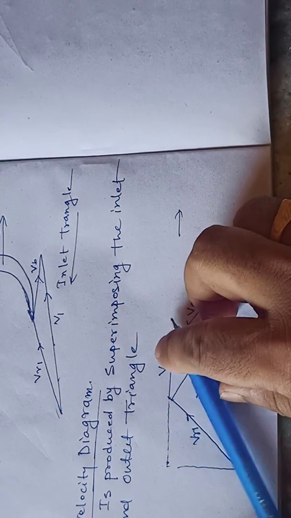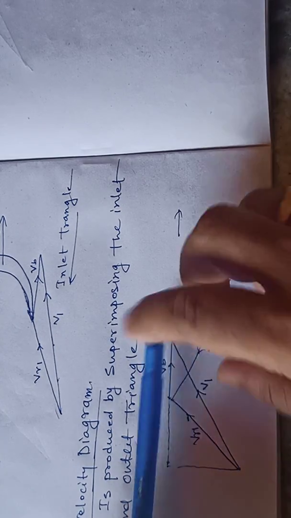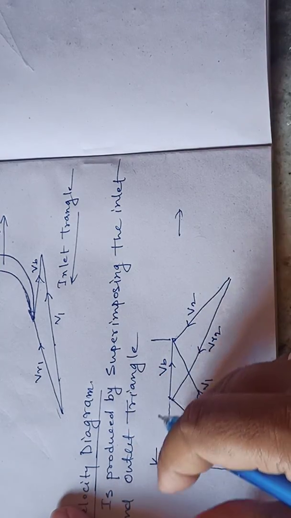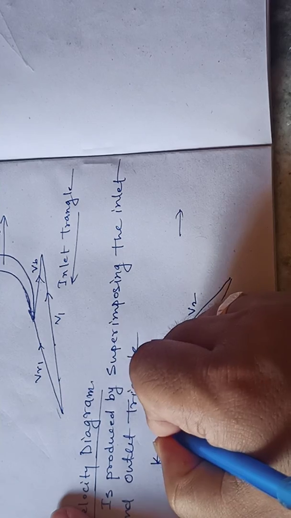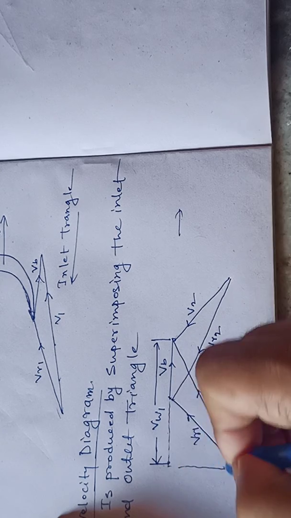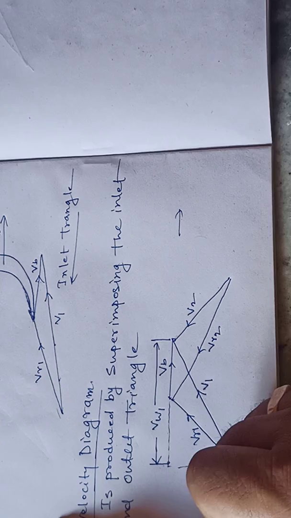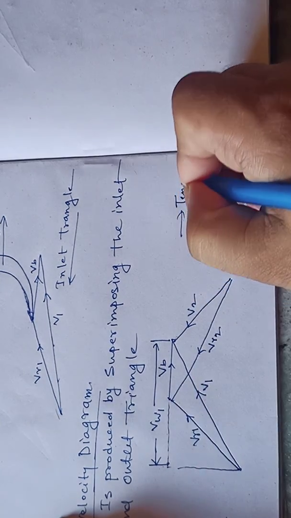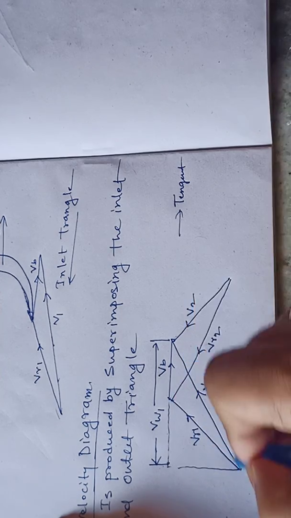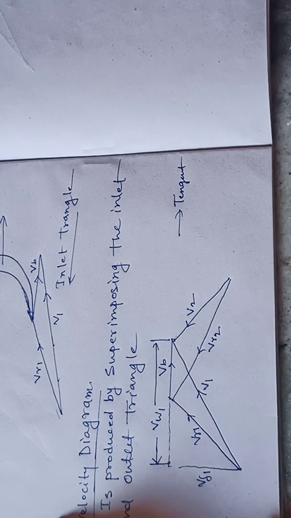So the total velocity along the tangential direction is Vw1, and the component of V1 in the axial direction is Vf1.